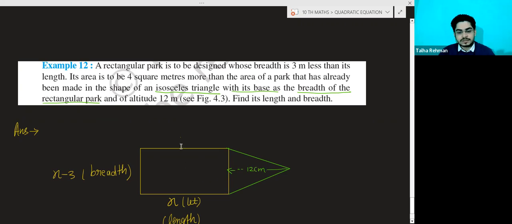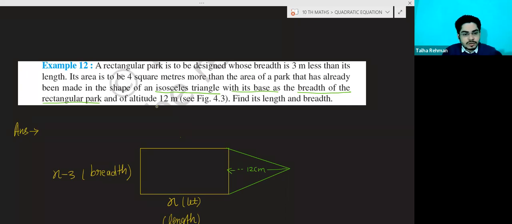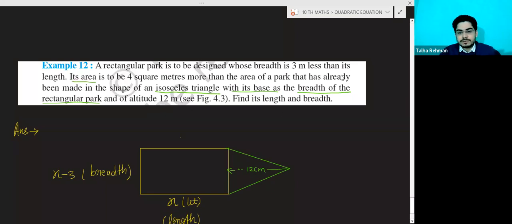So there are two parks: rectangular park and triangular park. See now this statement. Its area means they are talking about the area of the rectangular park, which is to be 4 square meter more than the area of the park that has already been in the shape of the isosceles triangle.